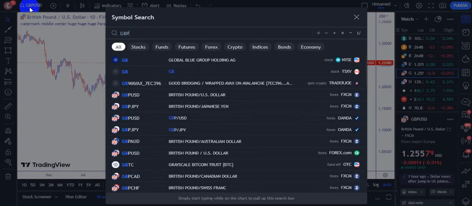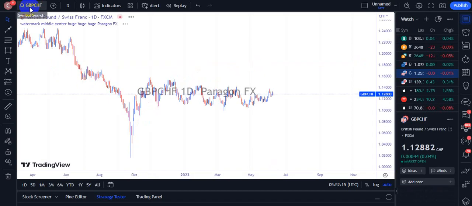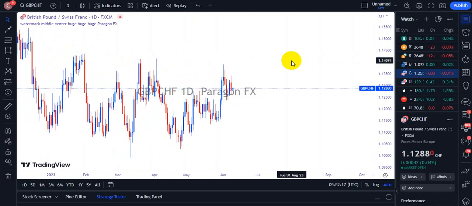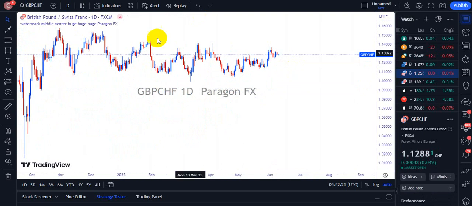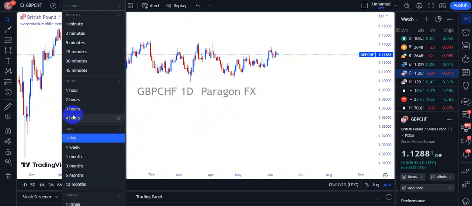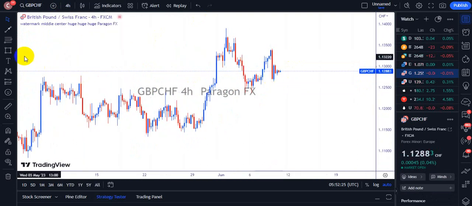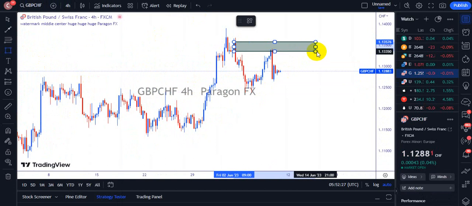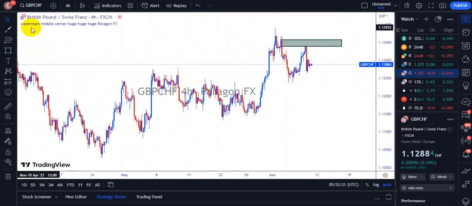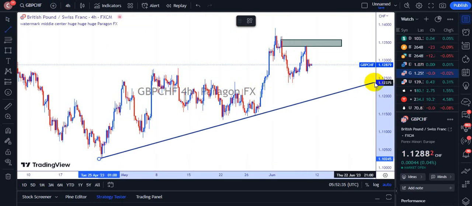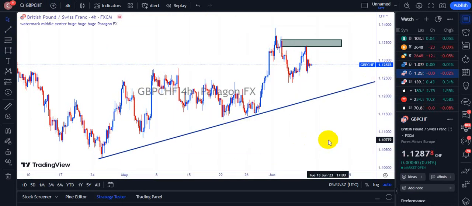Now come to GBP CHF. Last day we predicted GBP CHF will drop from here, and look at this, the result. Now come to this demand zone.